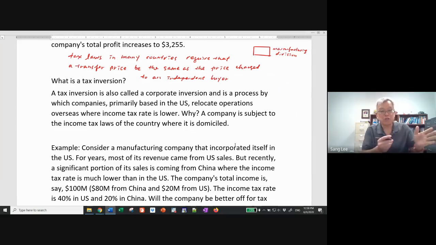So they cannot shift tax liability by manipulating transfer price. Okay. Now here we're going to talk about another related topic, that is a tax inversion.